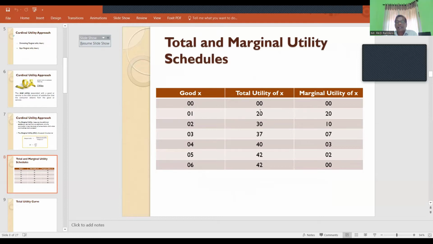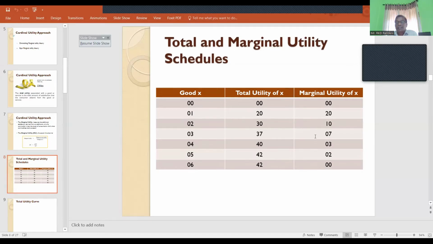Here, when you are taking one commodity, 1 unit, you can earn 20. Then for the second, additional unit, you can earn 10. Then 20 plus 10 is 30. Likewise, you can get the total.